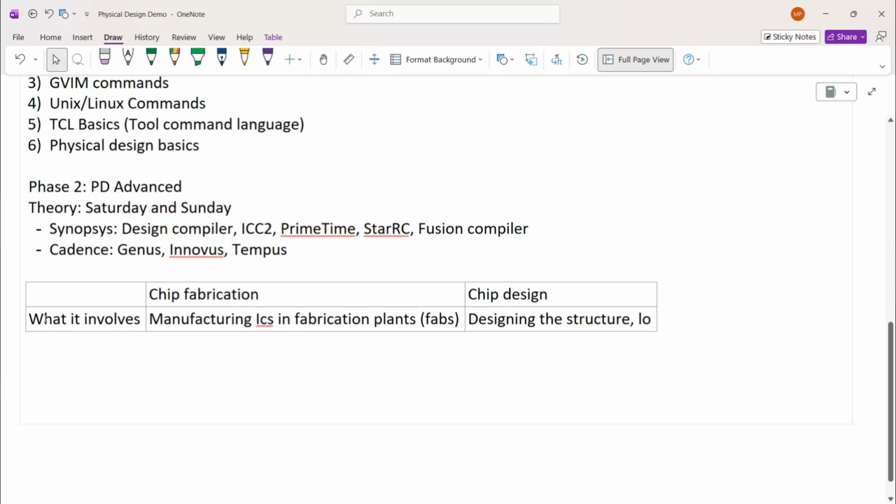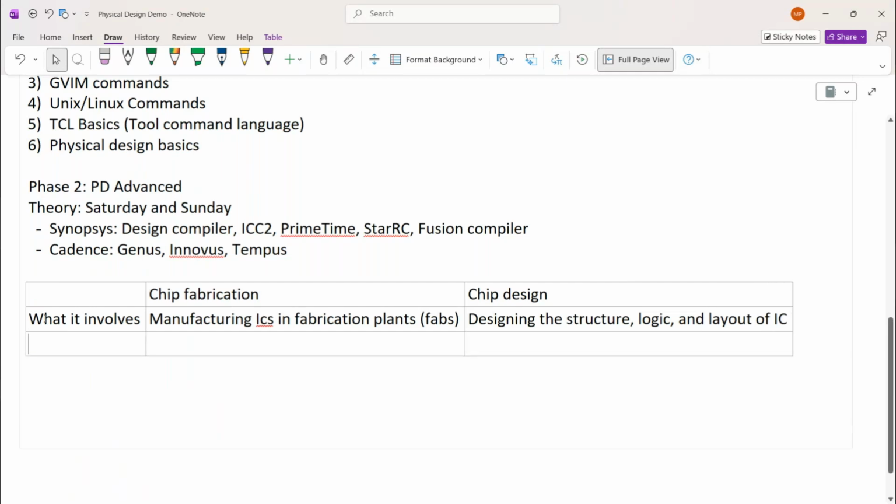You need to make sure that, since it is near a furnace, the temperature will be higher, so you have to pay attention to all those things also. So designing the structure, the logic behind it, and converting it into the layout of the IC, the integrated chip.